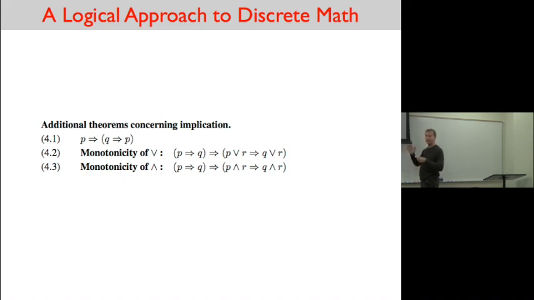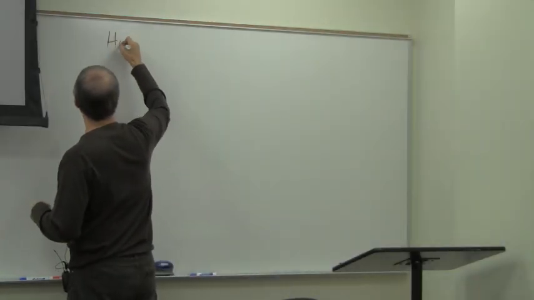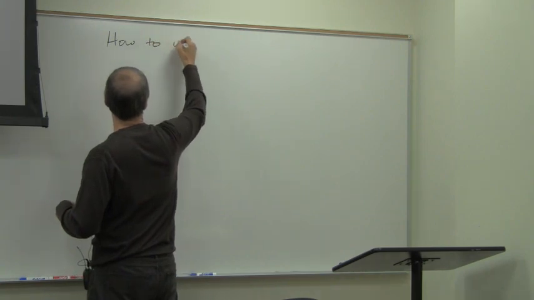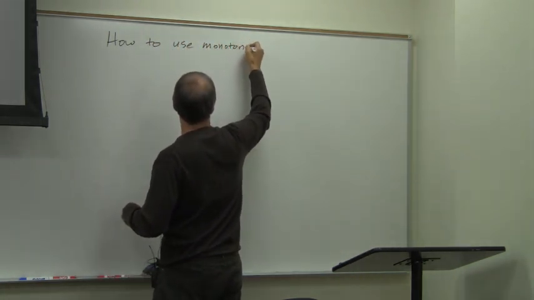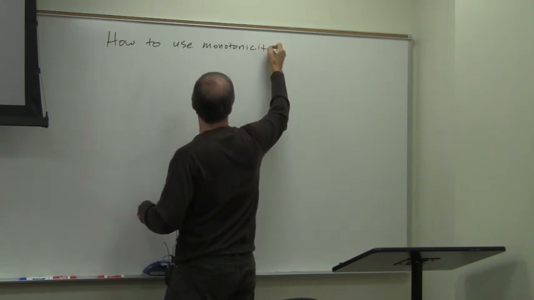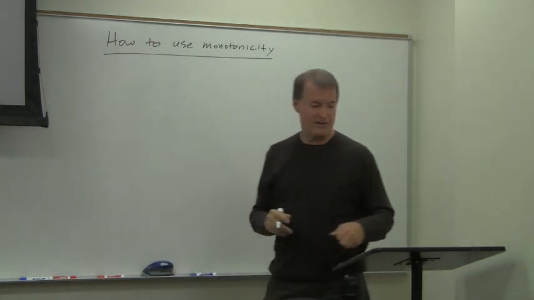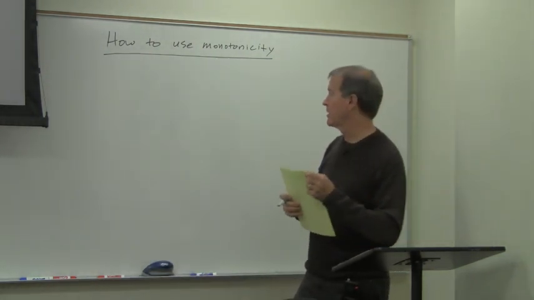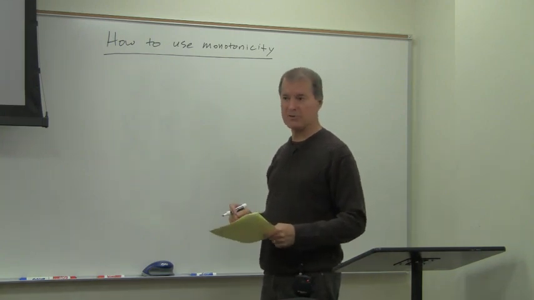And I always have a hard time getting people to understand when you must use monotonicity. So this is how to use monotonicity. These examples I'm giving you are not in the book. I wanted to do two examples.